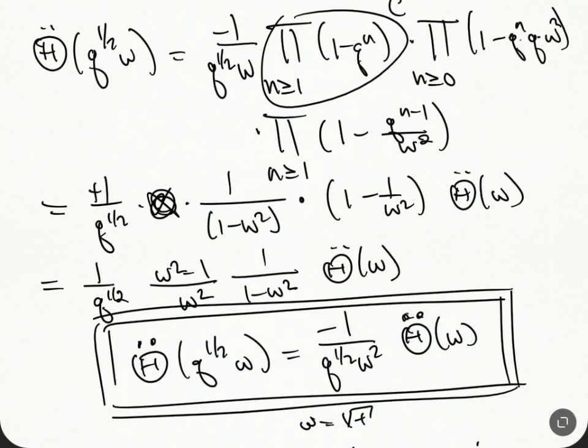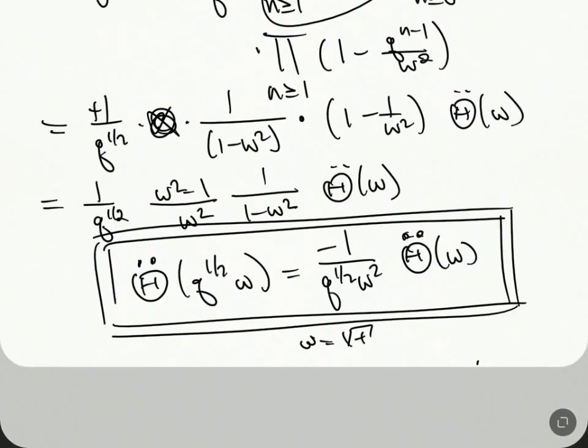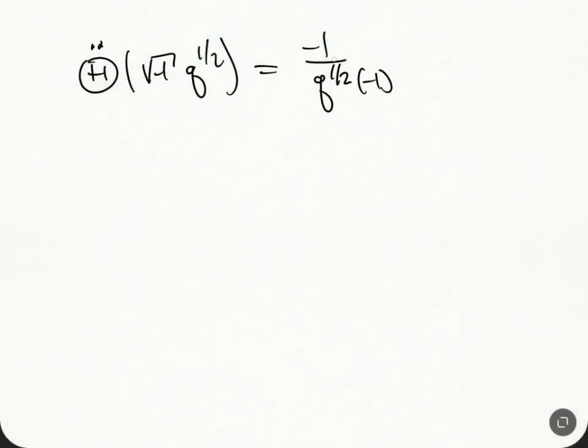We have the square root of minus 1 times q to the 1/2 here, so we just get this part. We just get 1 over q to the 1/2. Then this is minus 1 squared, so this is a minus 1. And then we have theta dot dot over the square root of minus 1 here. And so this is just 1 over q to the 1/2.